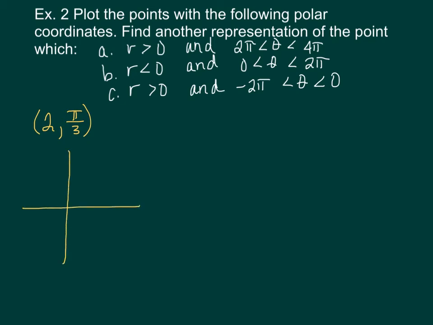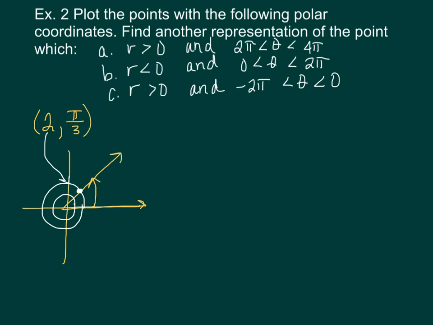I'm going to go to pi over 3 first, which will be approximately right here. And since r is 2 and it's positive, it's going to fall on the terminal side. So here's my point.